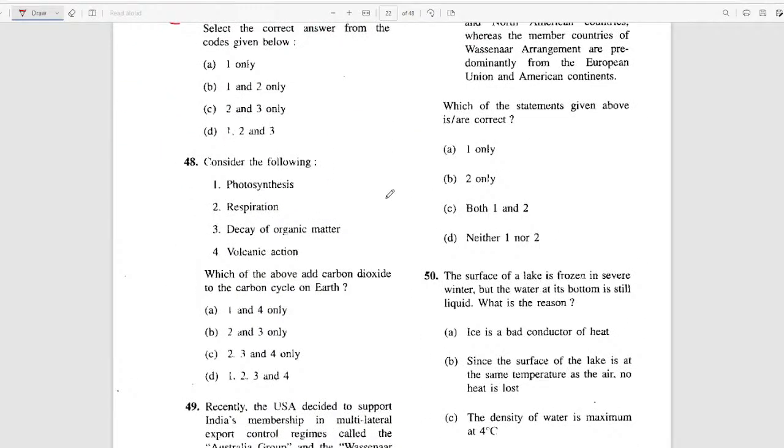Next question is, consider the following: photosynthesis, respiration, decay of organic matter, volcanic action. Which of the above add carbon dioxide to the carbon cycle? So there are different cycles here: carbon cycle, nitrogen cycle, phosphorus cycle. Go through these cycles. The cycles are important, and also the main source of this nutrient, these minerals or whatever this product is.